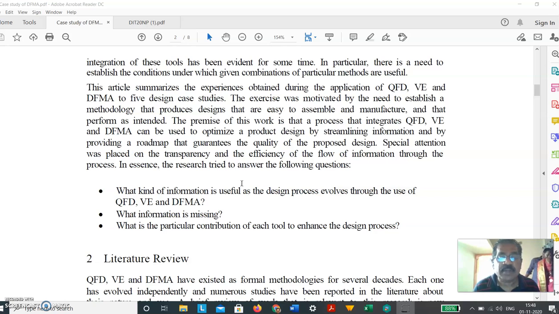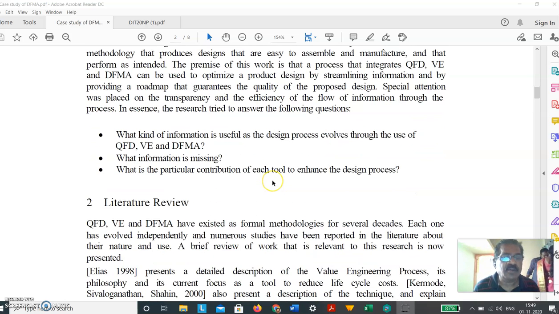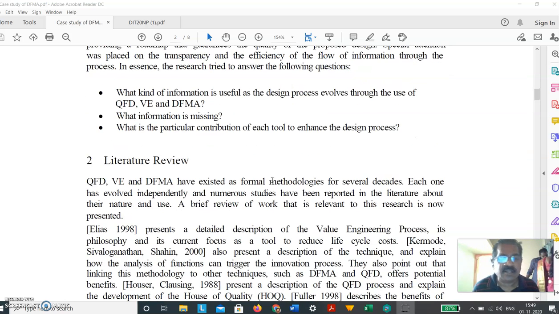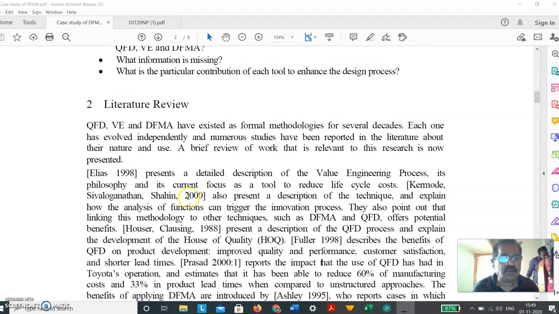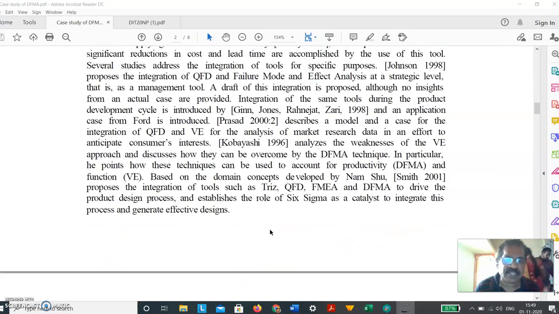What is the particular contribution of each tool to enhance the design process? So let us look at the literature review here. Many people have worked on this, and this paper talks about the various authors and their contributions to design for manufacture and assembly.